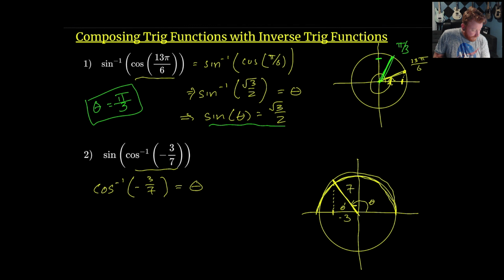And now if I draw this picture, we're missing a side over here. Maybe I call this side length A or something, or maybe we'll call it Y, since this is traditionally what we call Y. Let's figure out what this value is so that we can use it. Because now I want to find the sine of this angle theta.